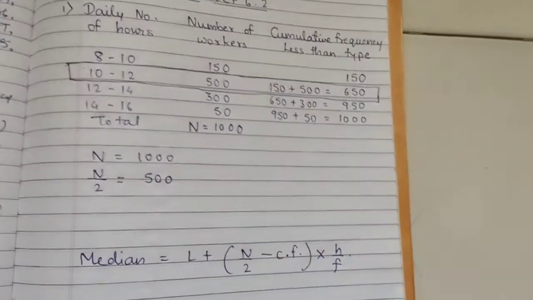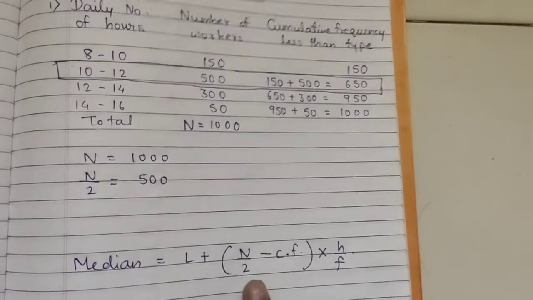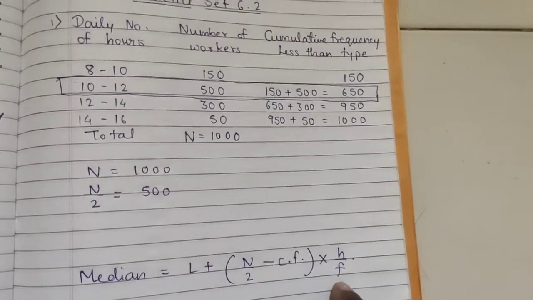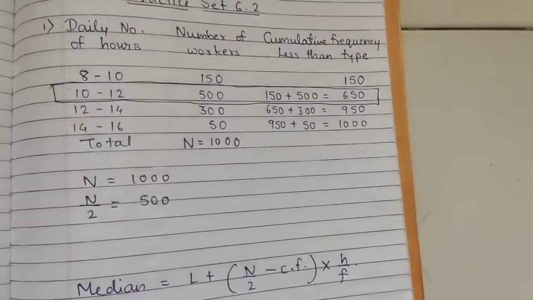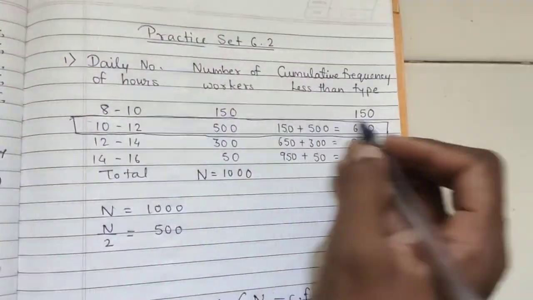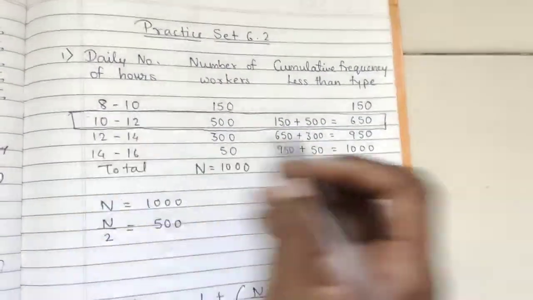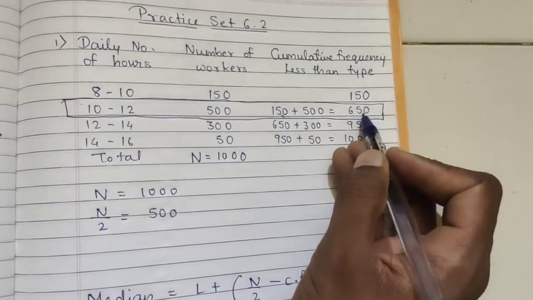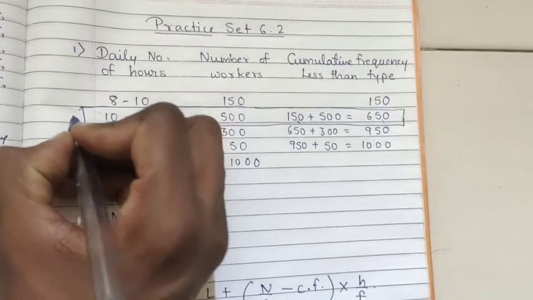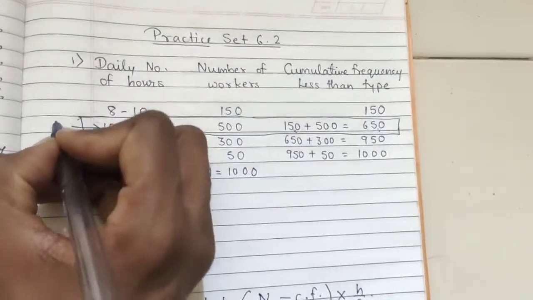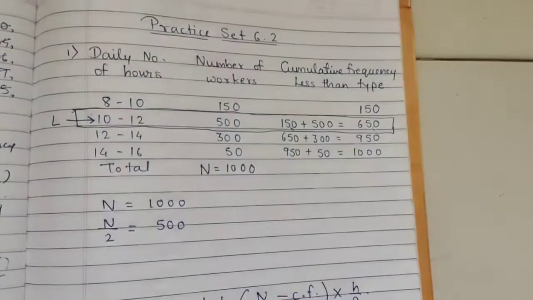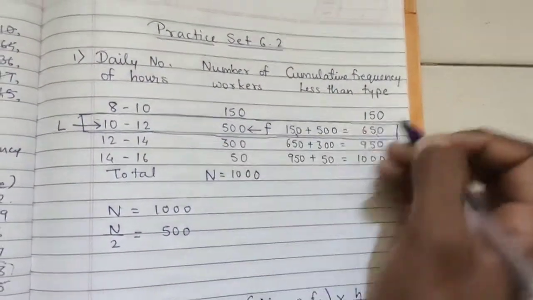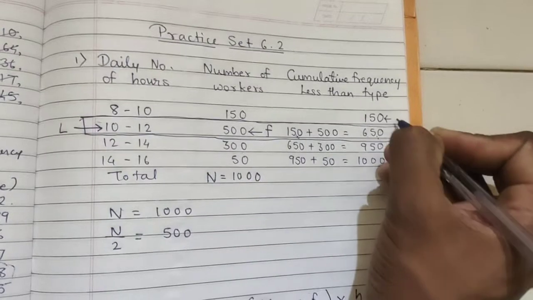Now we want to know what is L, CF, h and f. We already know this is the median class, because 500 lies between 150 and 650. The lower boundary of this class is L, the frequency of this class is f, and just before this class we have CF.